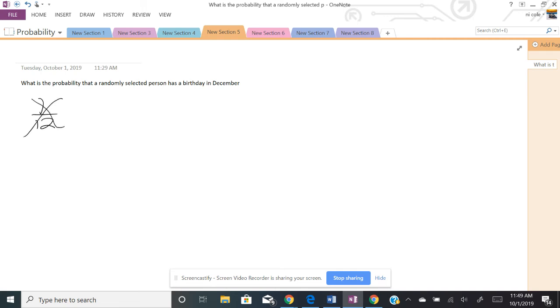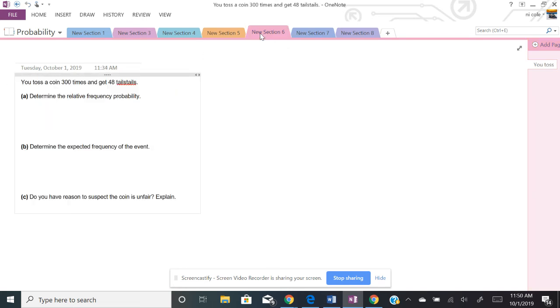That is not what the computer is looking at. They're looking at actual days. So how many days are in December? Well, there's 31 days in December, and how many days are there in a year? 365. Okay, if they picked a month that had 30 days in it, you would then have to reduce. All right, moving on.